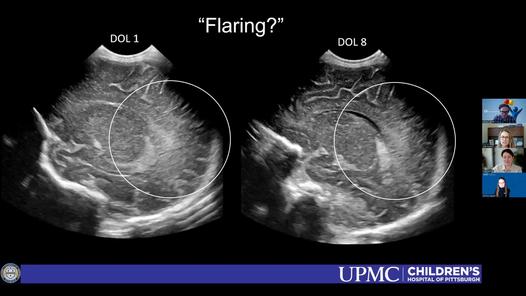So do you just say probably normal for age and follow up after 1 week of life? It's not a big deal for me when the kid's older than 7 days, because supposedly flaring doesn't happen after that point. But when you get abnormal head movements, concern for seizure, drop in H&H, and you're doing a head ultrasound before 1 week of life, what do you do?